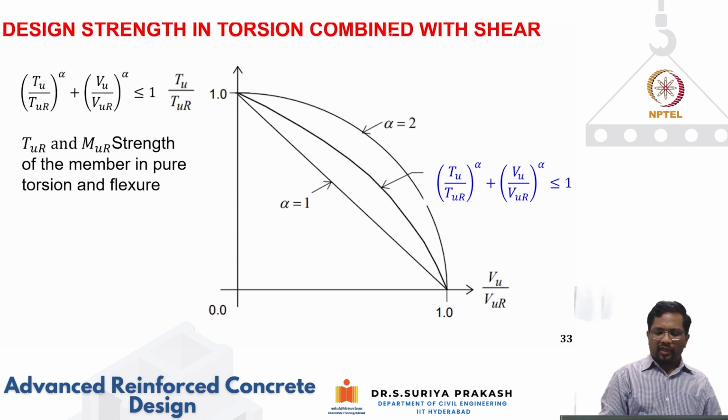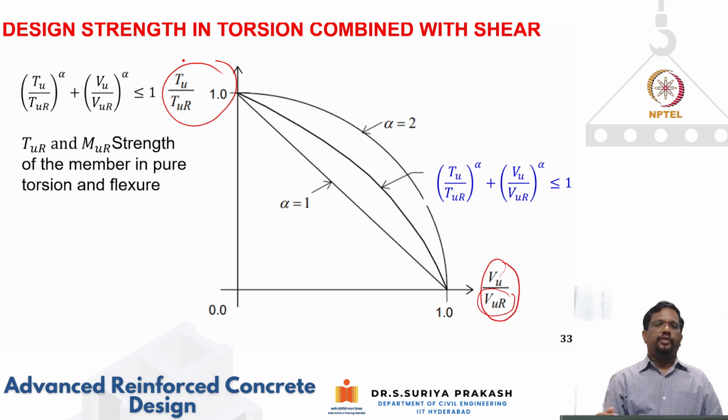Similarly, I can find out the interaction between shear and torsion. So this is what I have on the x-axis: we use the shear demand divided by pure shear resistance. You know how to calculate the shear capacities, which we have discussed in the previous module. Similarly for torsion. If I do that, you can have different failure curves that are possible. These are all failure curves depending upon what alpha is.